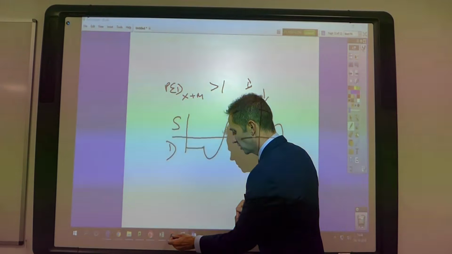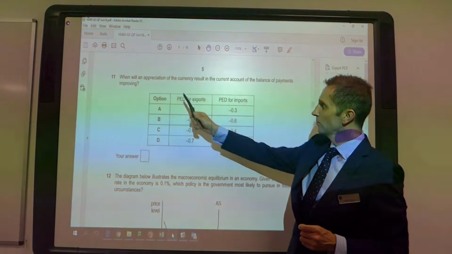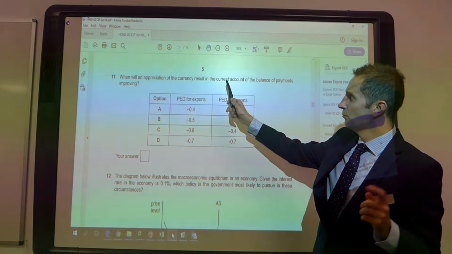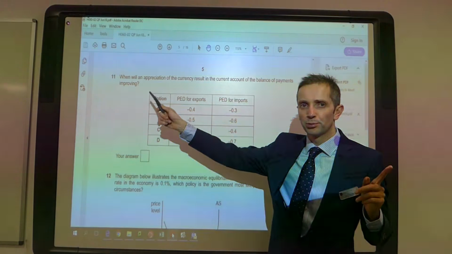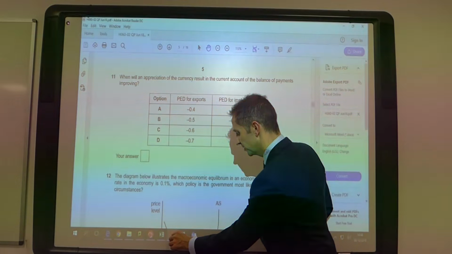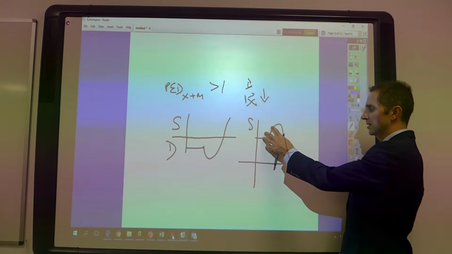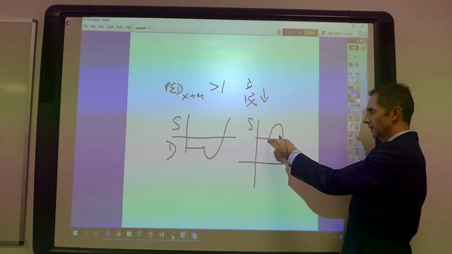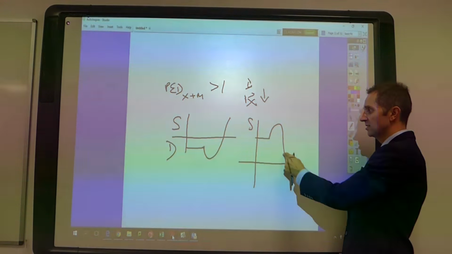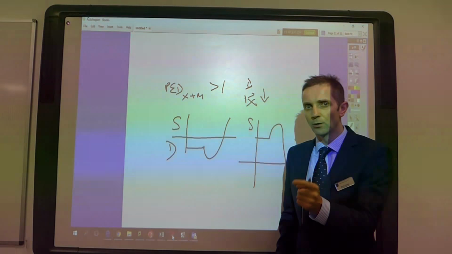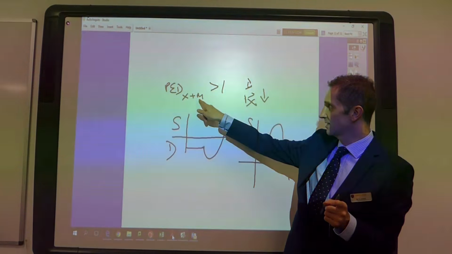But read the question carefully, and what does it say? When will an appreciation of the currency result in the current account improving? Now we are saying here in our little scenario that if you appreciate the currency, it will ultimately start to deteriorate. Now, when will it not deteriorate if this did not hold?